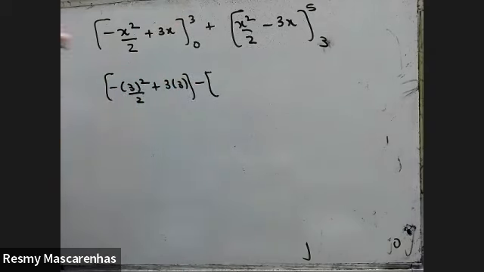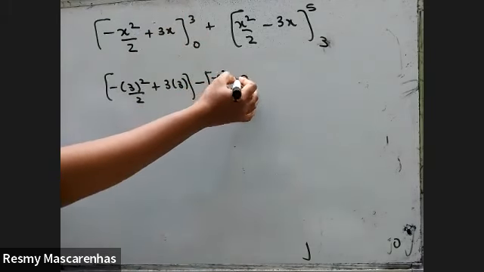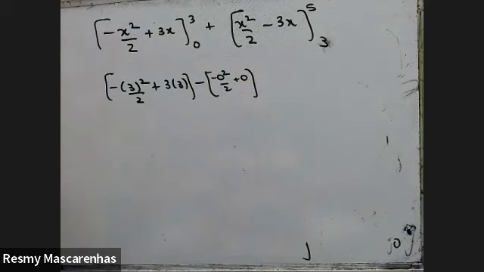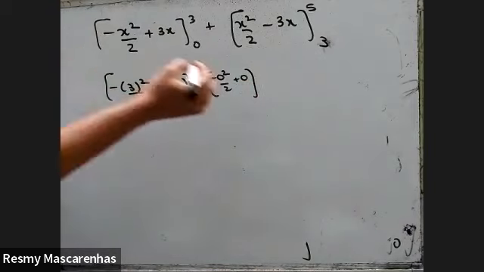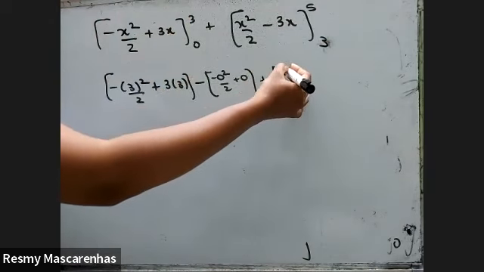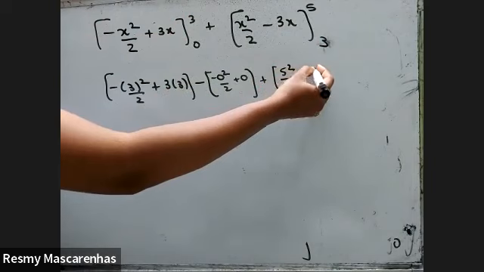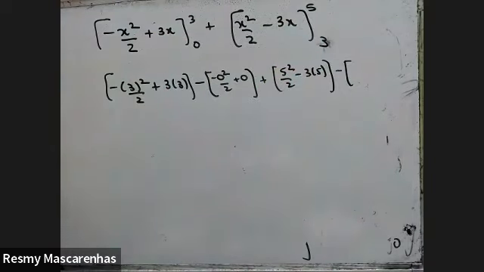Put a bracket always. And if this is 0 and 0, so it doesn't matter. So this was for this problem. Now plus, again, put 5 first, then minus sign, then put 3.